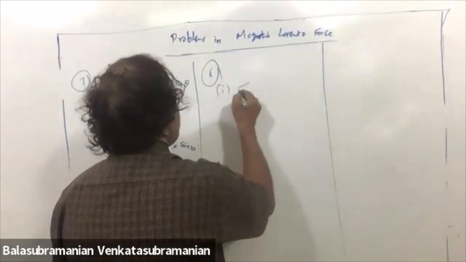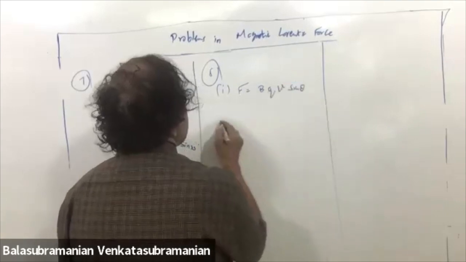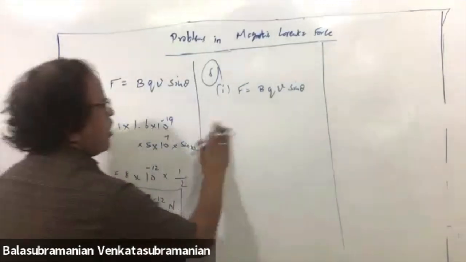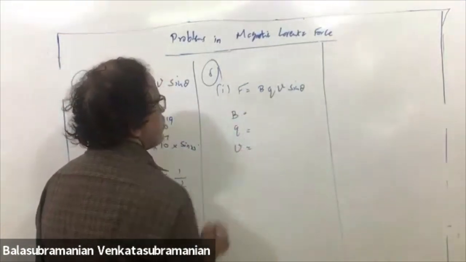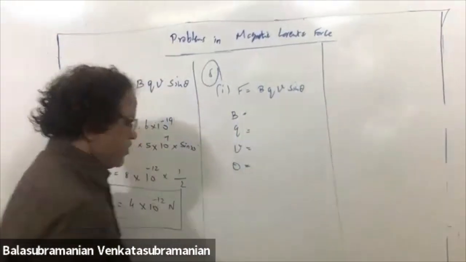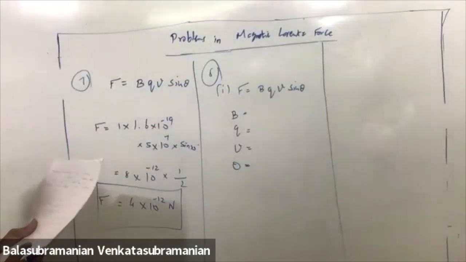Force F is equal to BQV sin theta. B is 0.2.